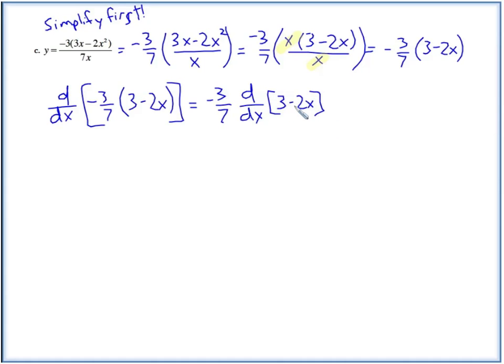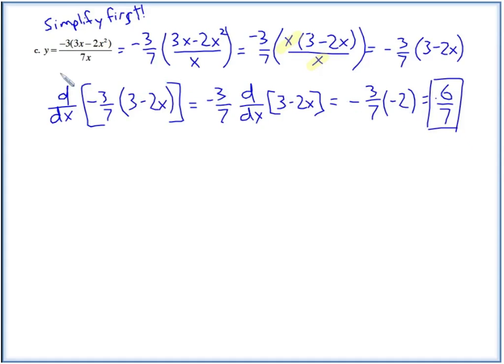And now we can find our derivative. So what's the derivative of 3 minus 2x? Well, it's just negative 2. So this becomes negative 3/7 from our constant multiple, and then times negative 2, which becomes 6/7.